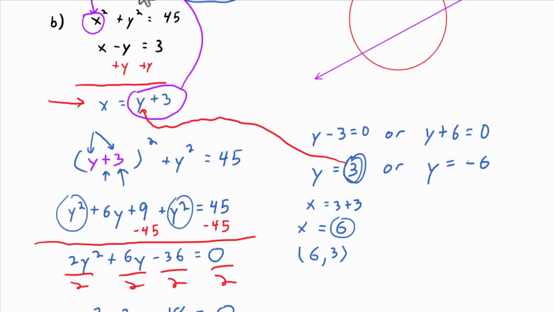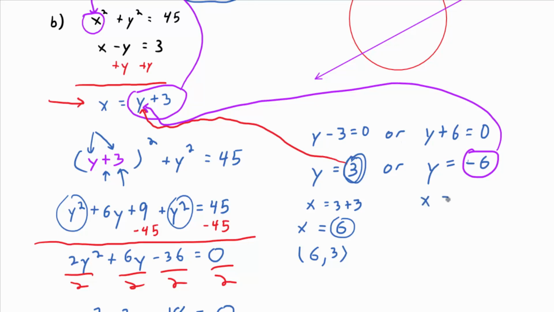Okay, now let's do the same thing to get the x coordinate that goes with this guy, y equals -6. Plug it in the same place. And what do you get? x equals -6 plus 3, which is -3. What's the solution? (-3, -6). There you go.